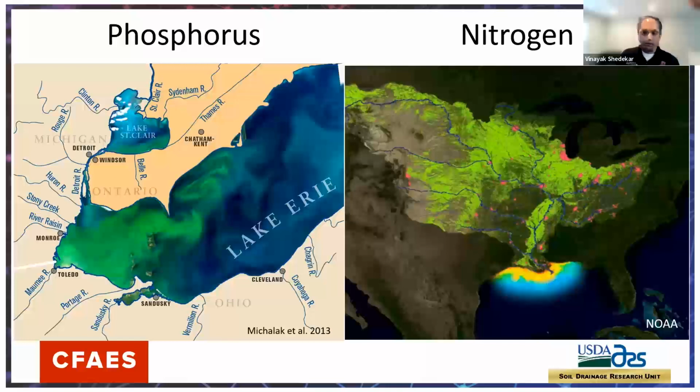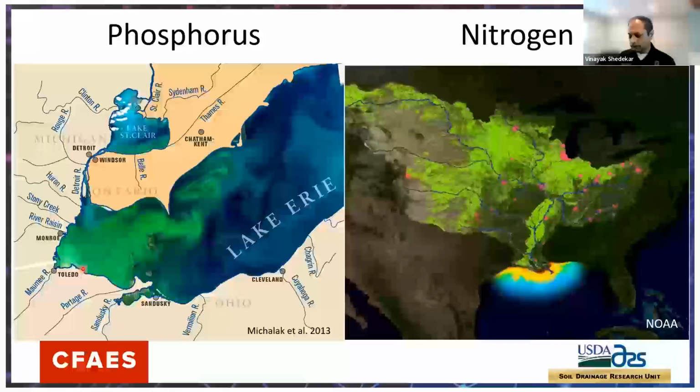The other bigger issue that has persisted over several decades is the hypoxic zone in the Gulf of Mexico, where the nutrient of concern is nitrate loss through the river systems. Here we're more worried about phosphorus, or dissolved phosphorus, as a nutrient of concern.